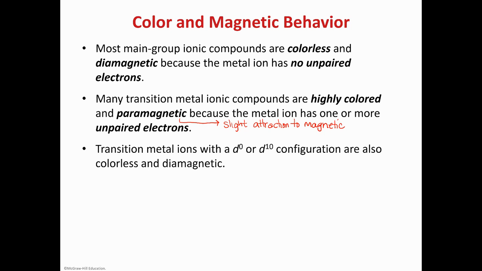Maybe you went through this in Chem 200, but paramagnetic is the property where we see a slight attraction to a magnet or magnetic field. And the idea is why: things that are attracted to a magnetic field have unpaired electrons.